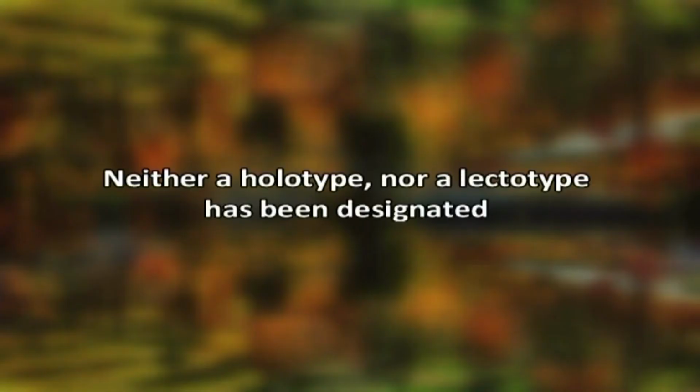A syntype is a term used to indicate specimens with a special status, and they belong to the original collection and from among which a lectotype is designated. In other words, a syntype is each specimen of a type series from which neither a holotype nor a lectotype has been designated.